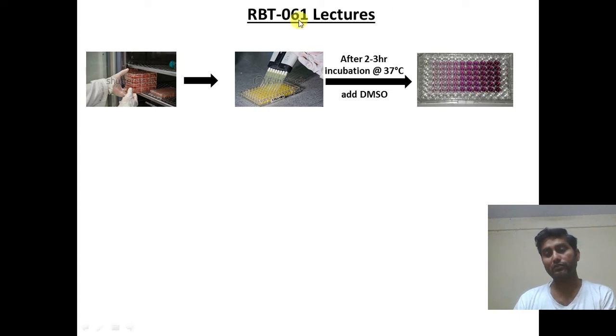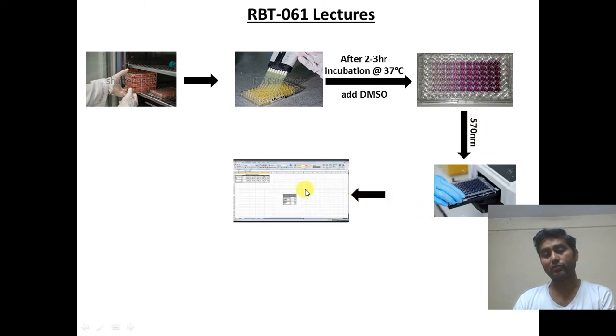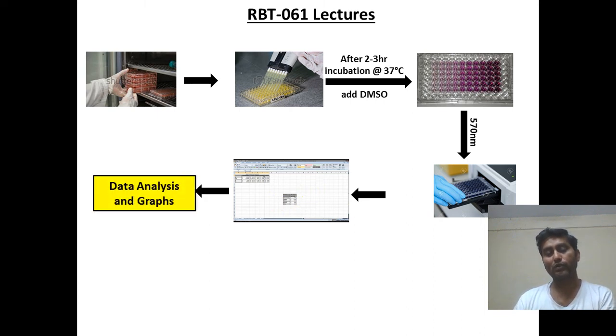The formazan will form and give a purple color solution. Here you can see less purple color means more cell death, and here high purple color means cells are alive in this area. But the exact data we can get through spectrophotometer reading, like a plate reader, in Excel sheet format, and then we'll use this data for analysis and plot the graph.